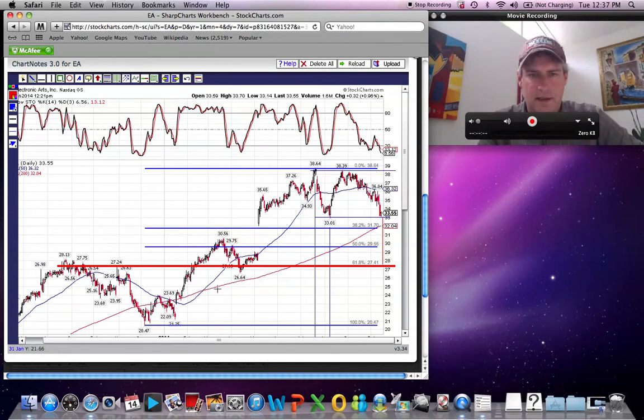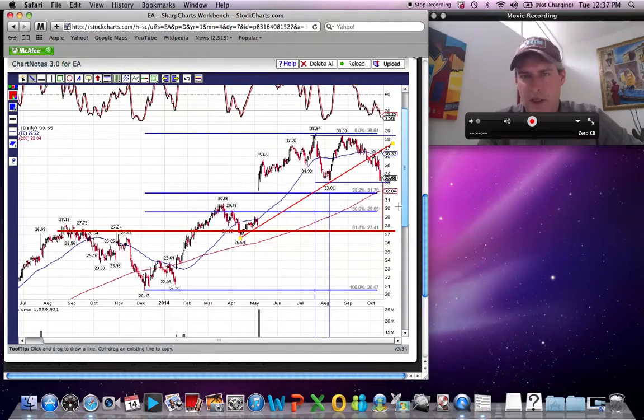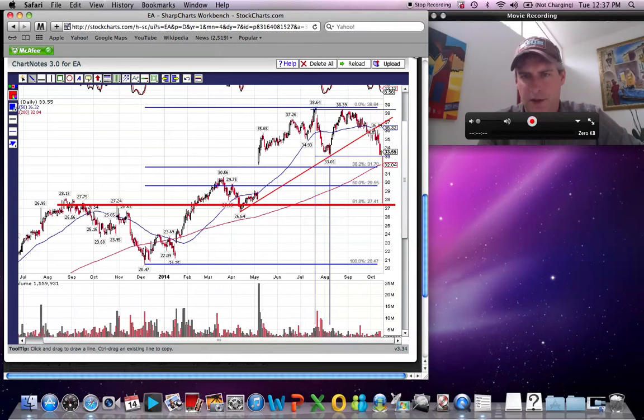And here's the old trend. And it has definitely broken. As you can see, it fell through here, came up, caught resistance, and then continued on down.